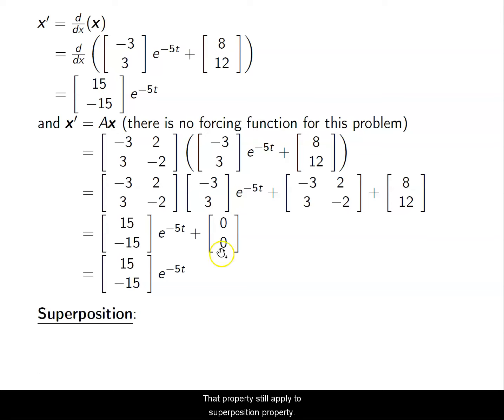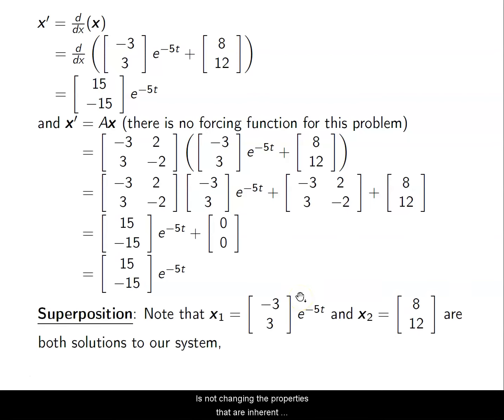That property still applies. It's a superposition property, okay? The property of linear independence of my solutions still applies, okay? So everything that we've done so far, it doesn't change just because we're in a system now, right? We're really just adding to the complexity because we have things that are related to each other, but it is not changing the properties that are inherent, right?